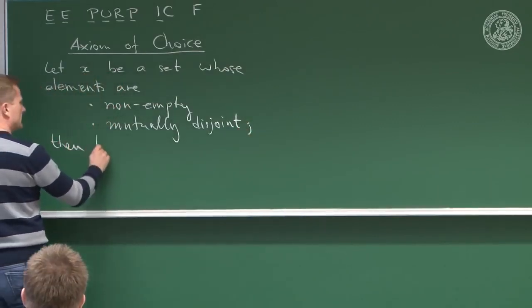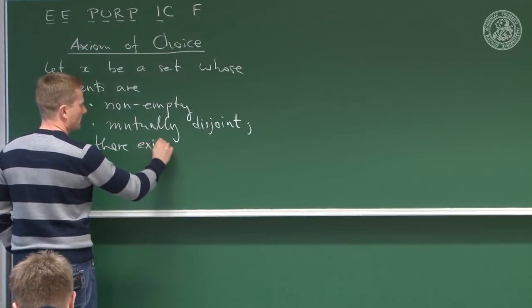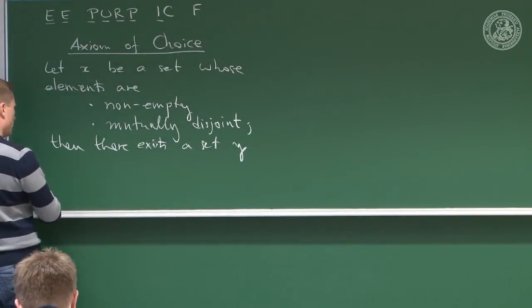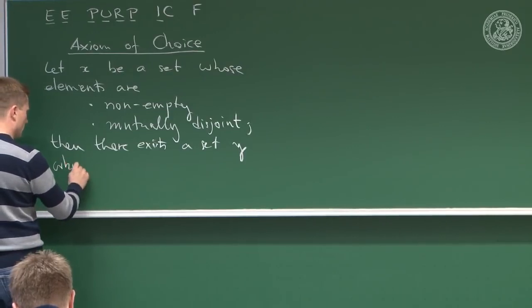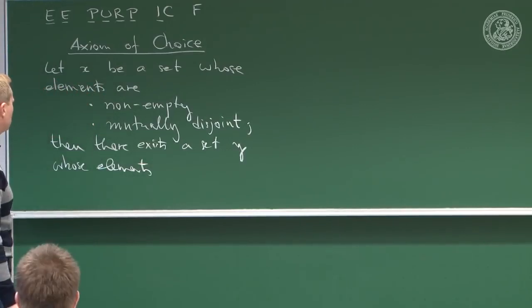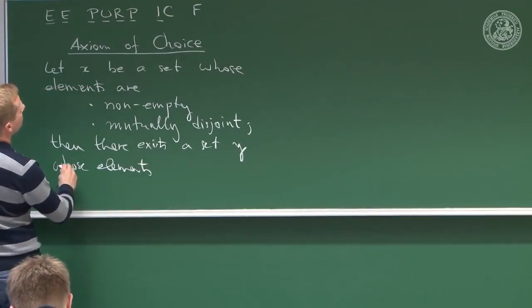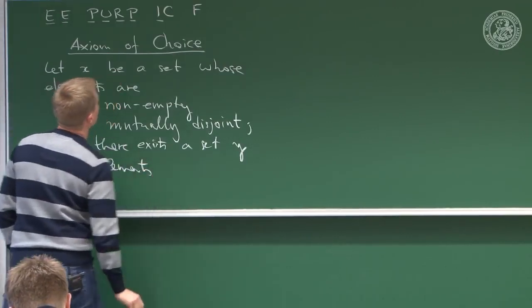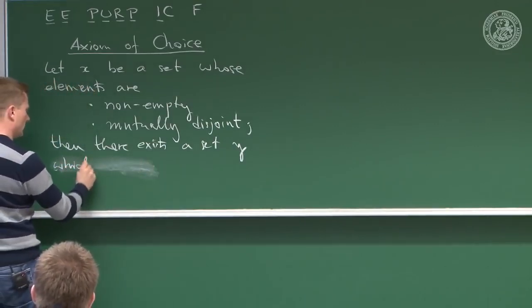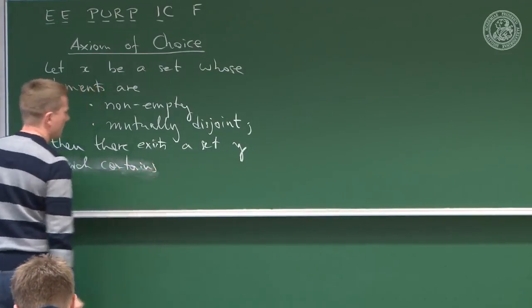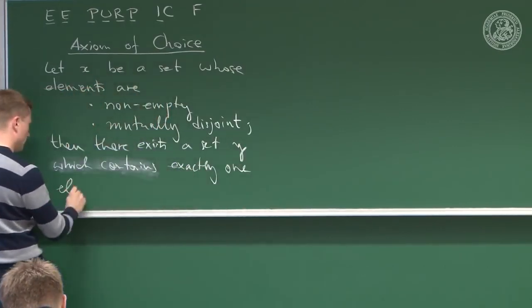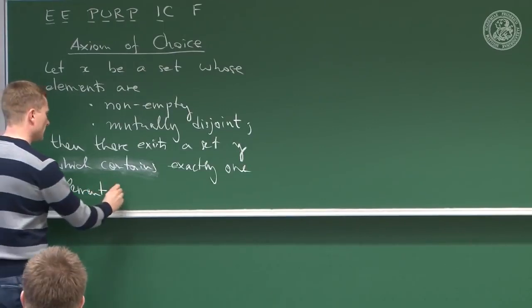Then there exists a set, let's call it Y, which contains exactly one element of each element of X.